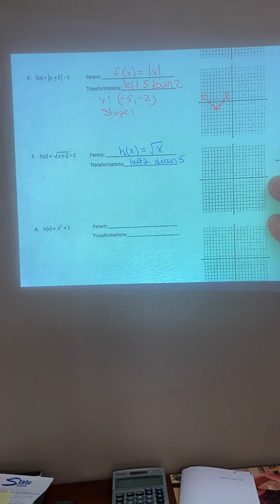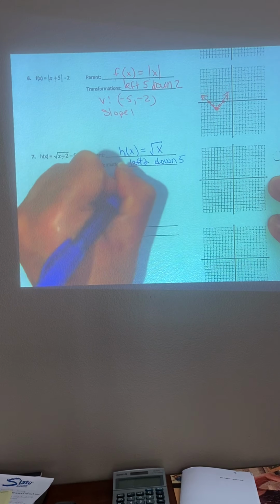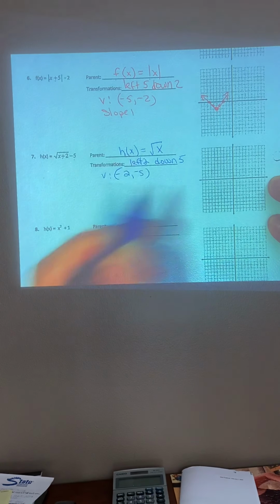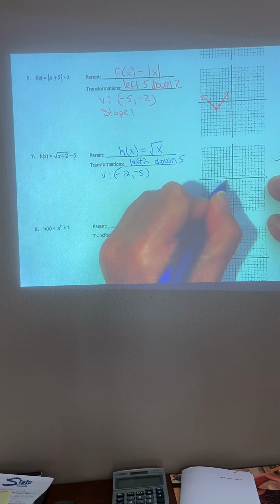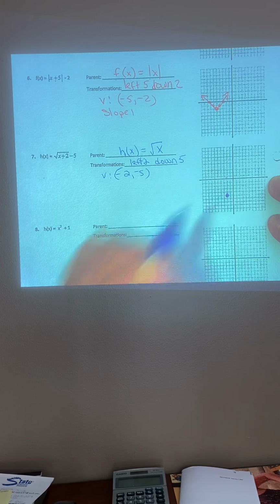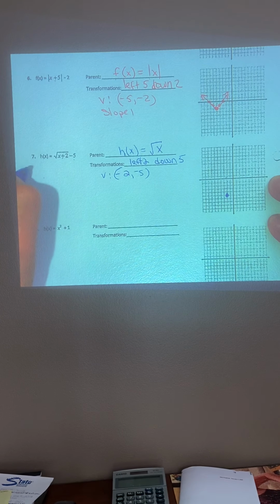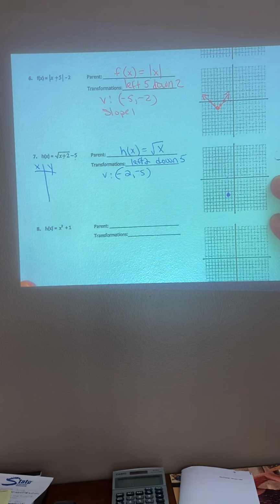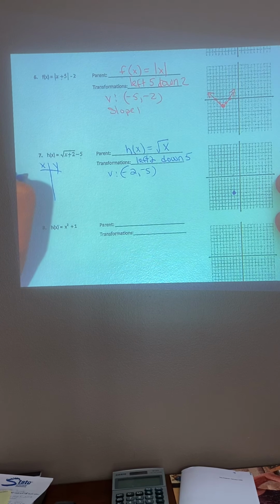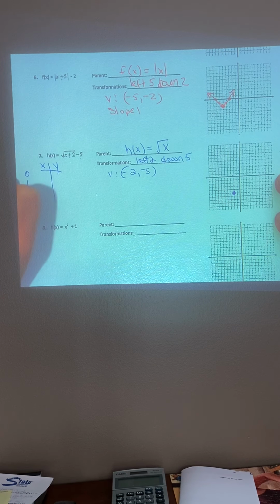Now, on this one, negative 2, down 5. This one's a little bit different. Yes, we want perfect squares, okay? So we want it to be 0, 1, 4, and 9.